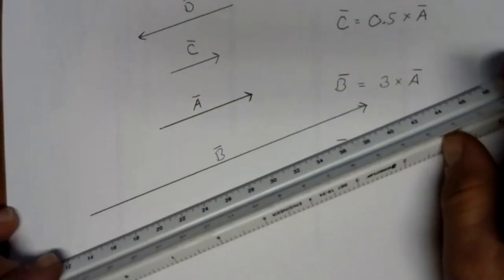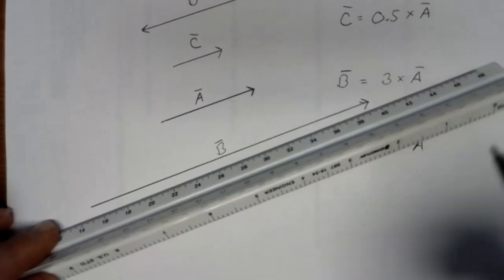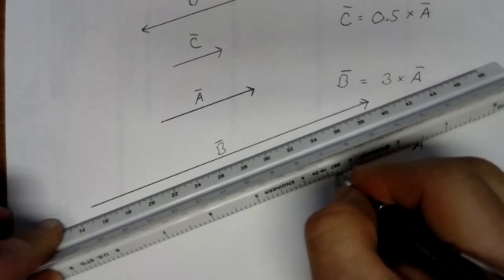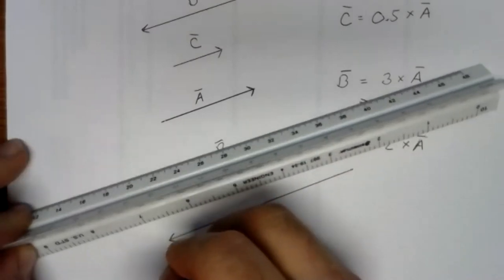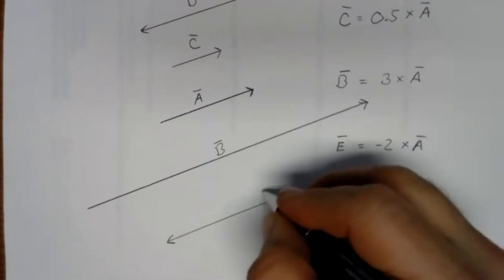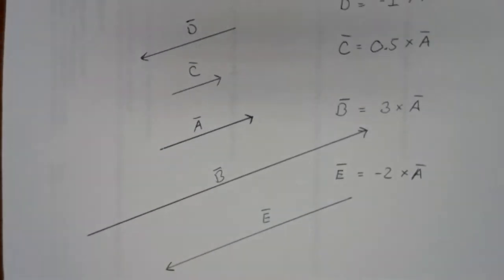So the way we draw that in there, we get that angle right. And there's vector E. So vector E is twice as long, but has been flipped in the opposite direction.